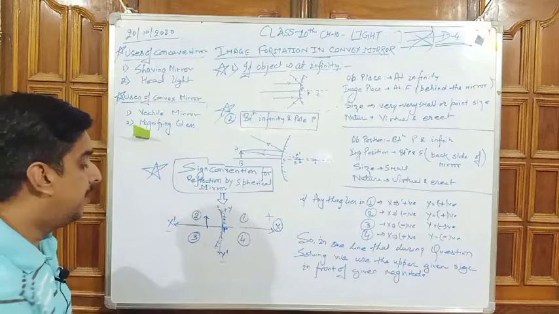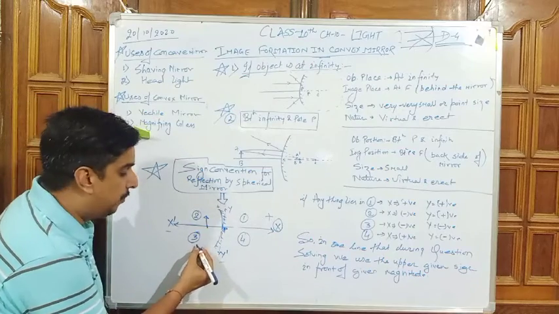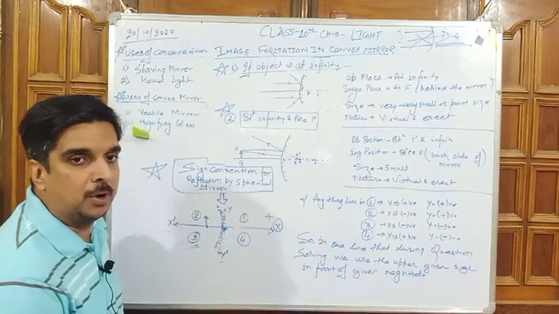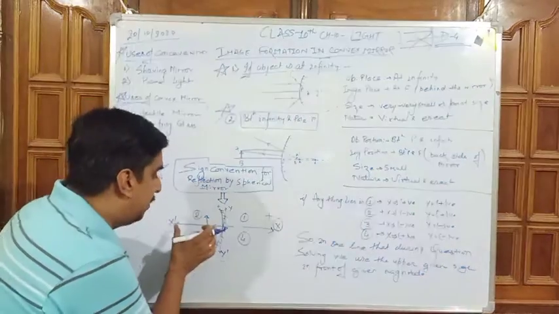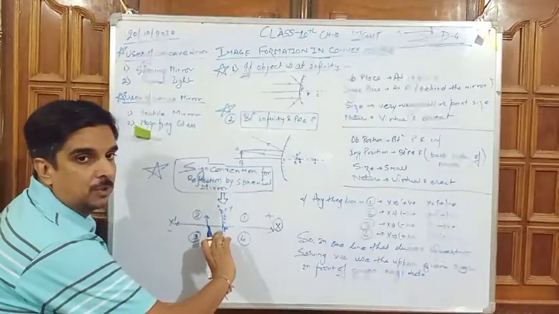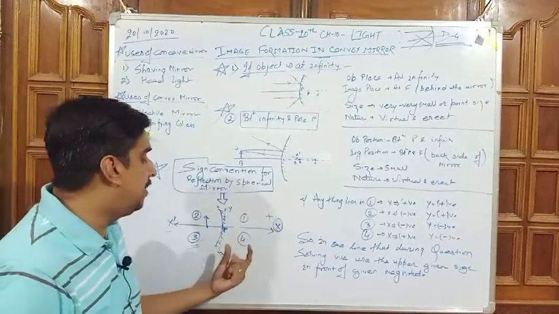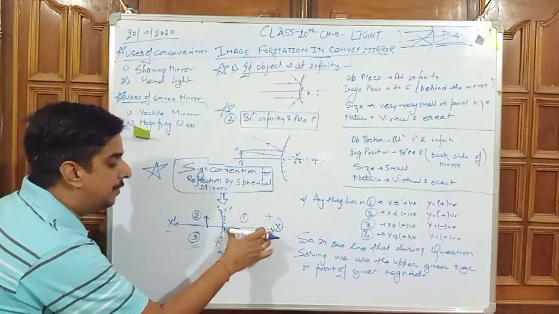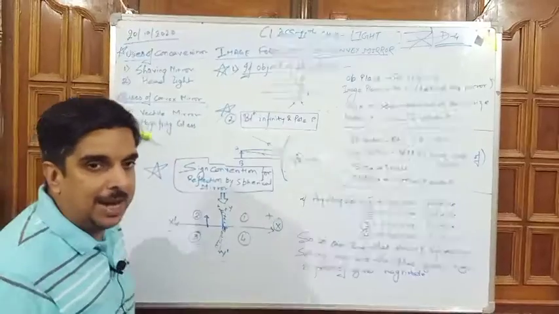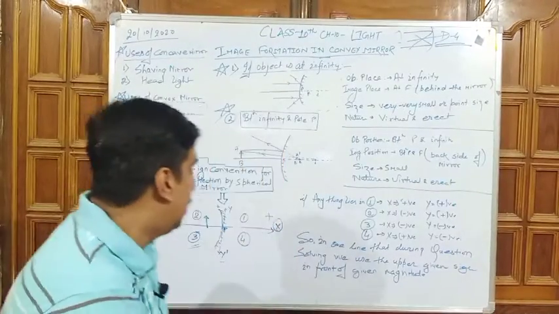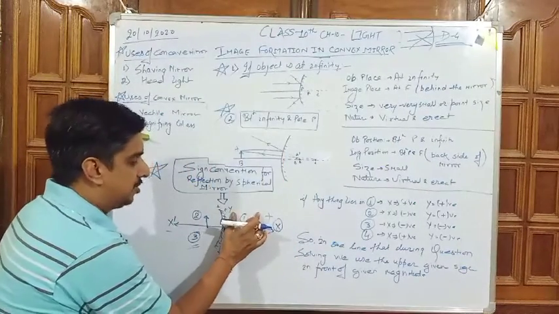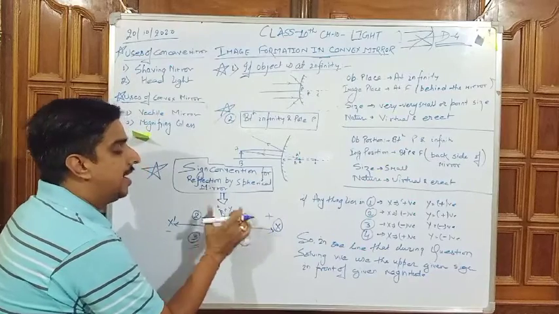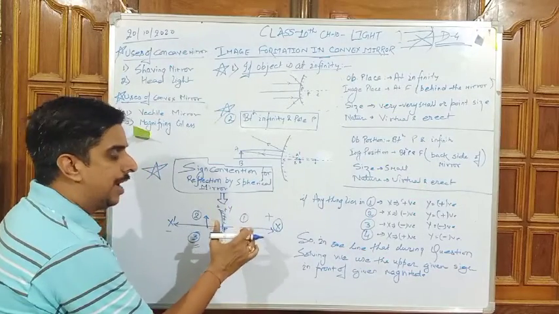For the third coordinate, if any object or image forms there, x will be negative and y will be negative. If anything lies in the fourth coordinate, x will be positive and y will be negative. Again I am repeating: in the first coordinate, x and y are both positive.